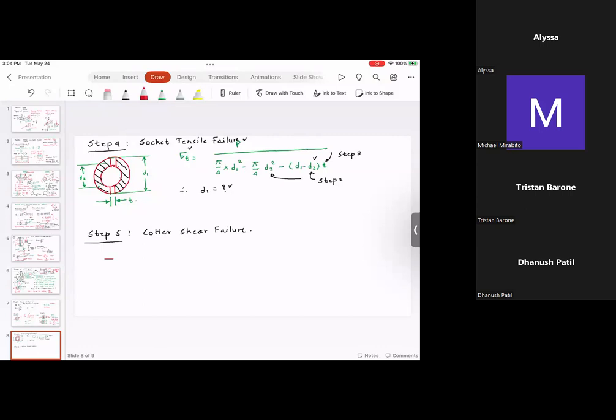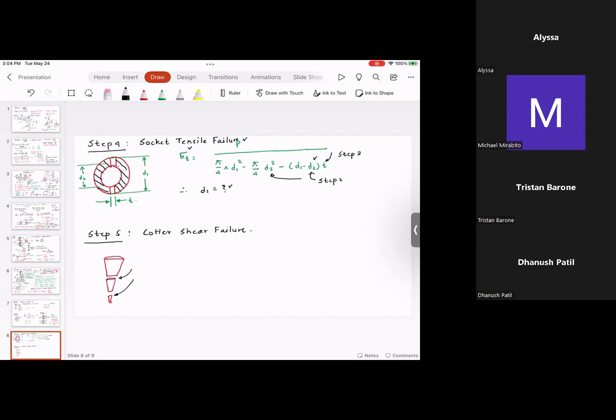And so this is going to be double shear.